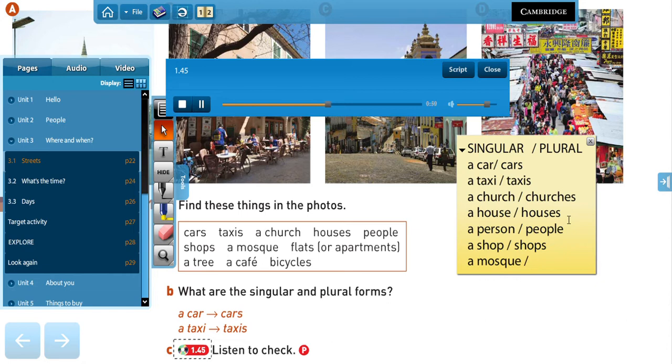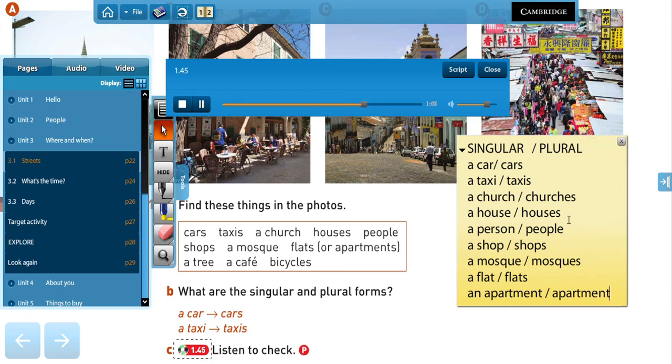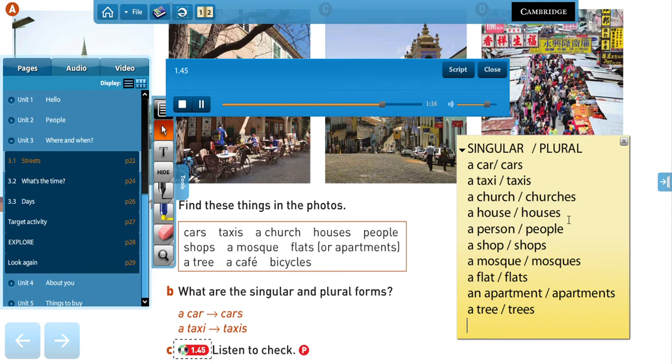A mosque, mosques. A flat, flats. An apartment, apartments. A tree, trees. A cafe, cafes. A bicycle, bicycles.